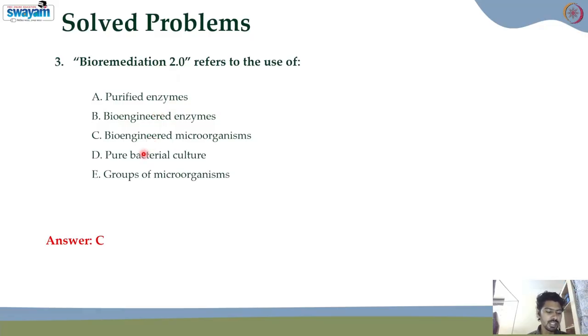And the genetic makeup of bacteria to enhance the pollutant degrading capability is not just a pure and unmodified bacterial culture. It needs to be genetically modified. And the group of microorganisms we call consortia, which is also not regarded as bioremediation 2.0.